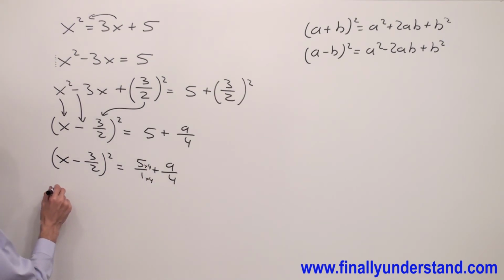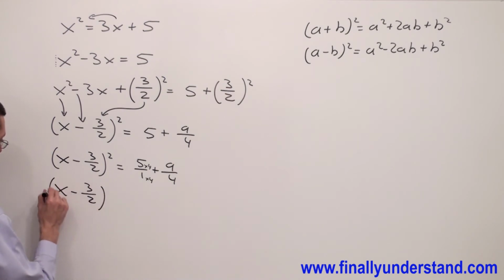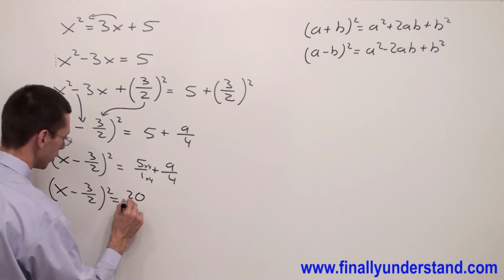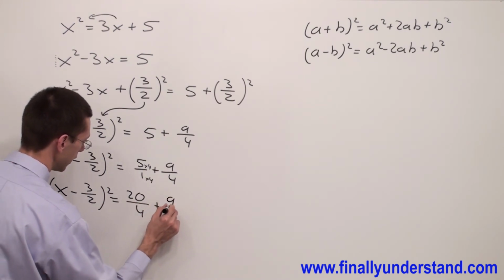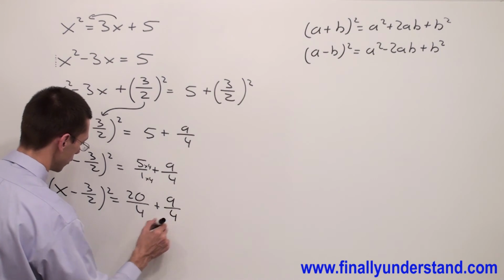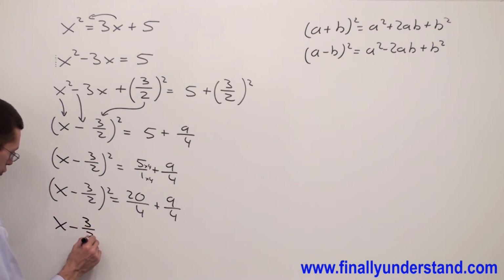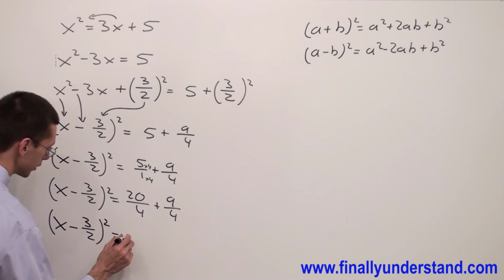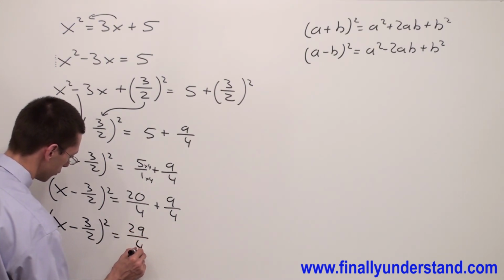I'm going to have x minus 3 over 2 to the second power equals 20 over 4 plus 9 over 4. And I have x minus 3 over 2 to the second power equals 29 over 4.